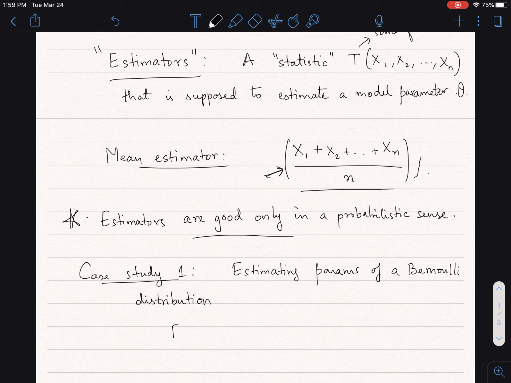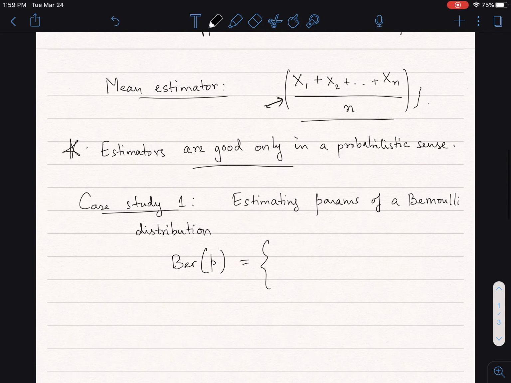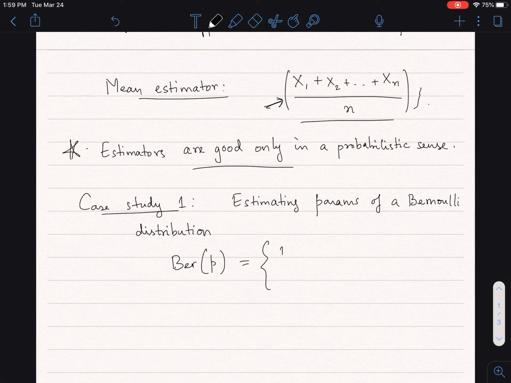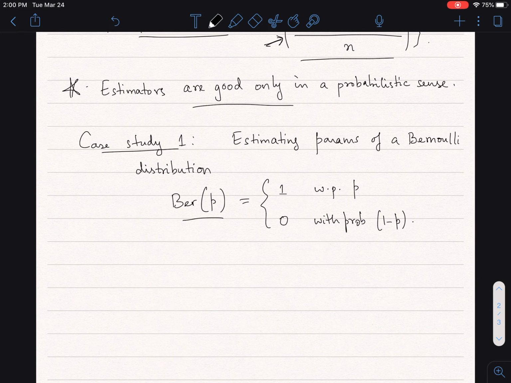Okay, so what is the Bernoulli distribution? This is a very simple one. So Bernoulli P is a distribution which is only over 0 and 1, and it takes value 1 with probability P, takes value 0 with probability 1 minus P. Okay, so that's the Bernoulli random variable, or the Bernoulli distribution.